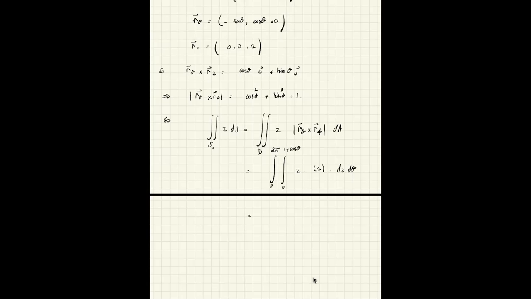And this will be equal to an integral from 0 to 2 pi, 1 over 2, 1 plus cos theta squared d theta. Okay. And this one is from 0 to 2 pi, 1 over 2, 1 plus 2 cos theta plus cos theta squared d theta.